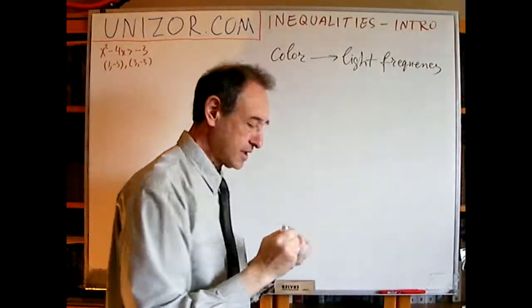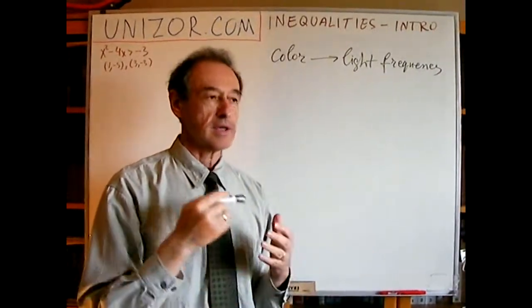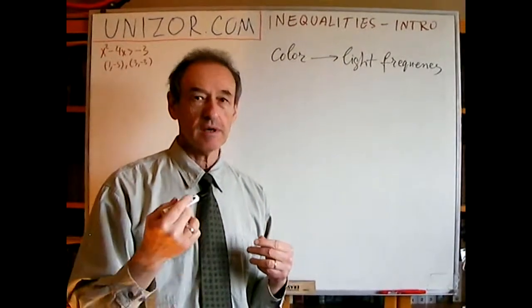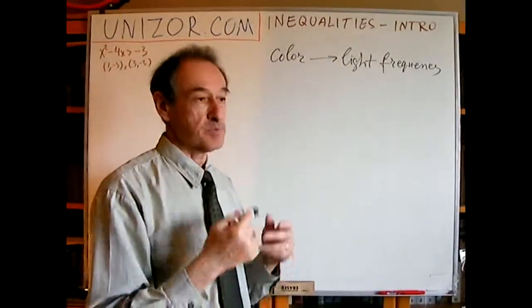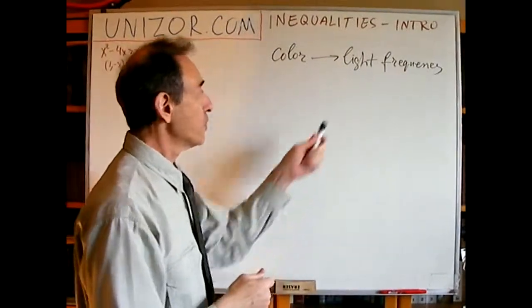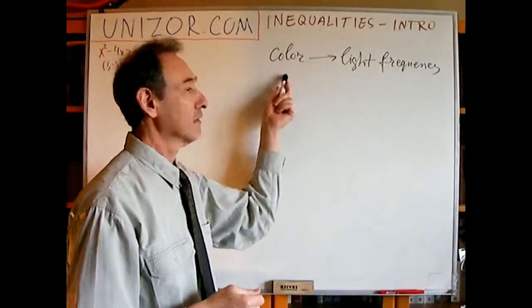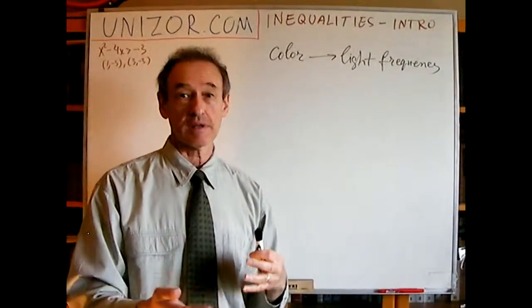Now, you know that every color, red, blue, yellow, has a certain frequency of light, expressed in some basically real number. Now, we can compare frequencies, but we cannot compare colors, which color is greater than another.